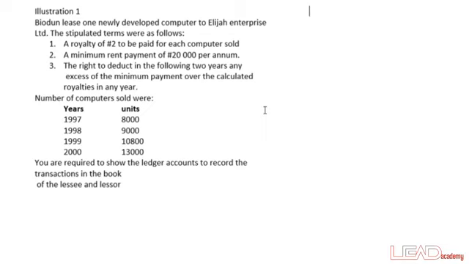Now, the first thing to do is to prepare our royalty schedule. Before we prepare our royalty schedule, we are required to show the ledger accounts to record the transaction in the books of the lessee and the lessor. So which means that we are going to prepare an account for two people.